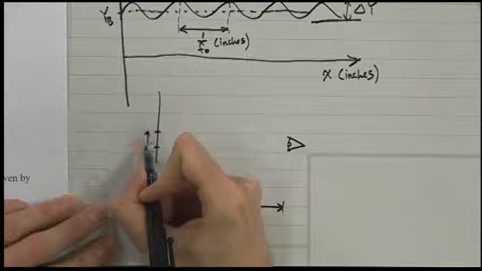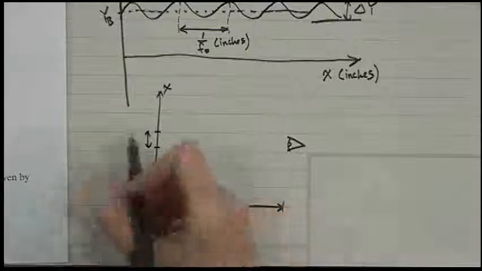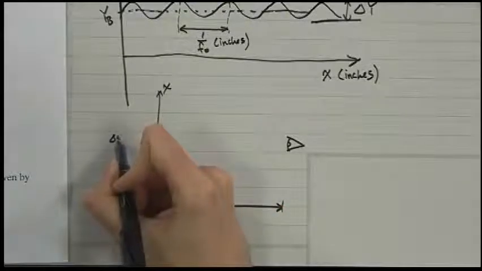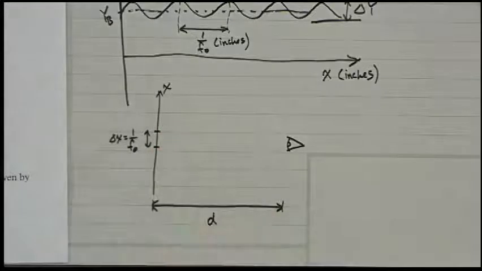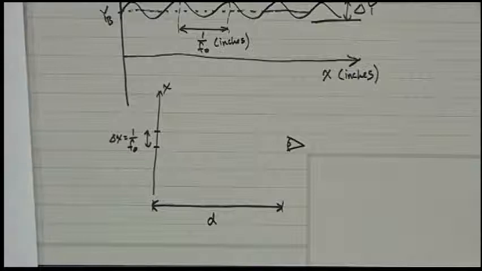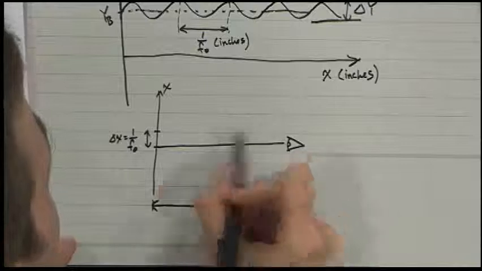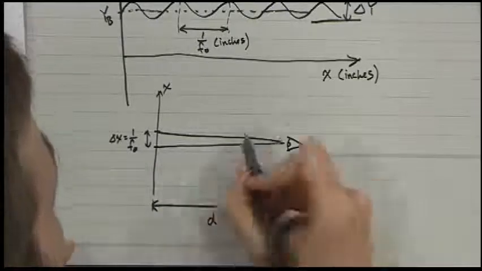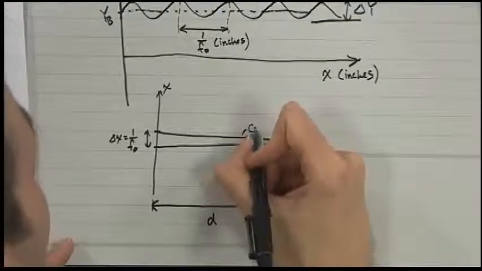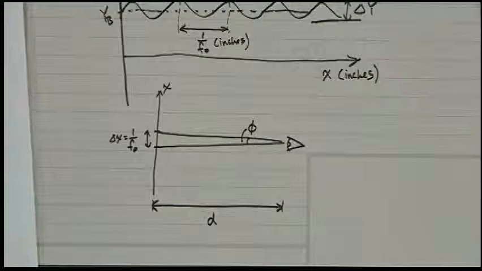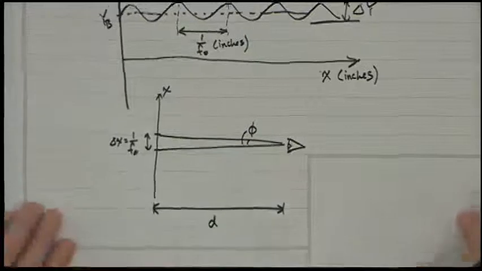This is the x direction; I've drawn it vertically. Let's call this delta x, which represents the spatial period of that sinusoid. What we want to do is convert that into units of degrees in our visual field. So this angle here, let's call it phi.